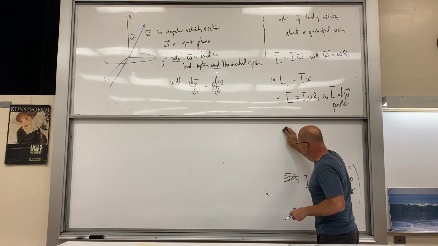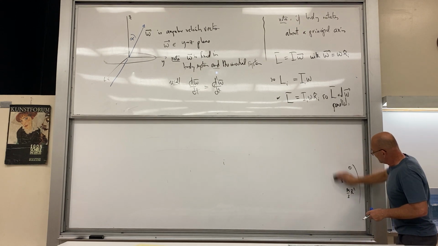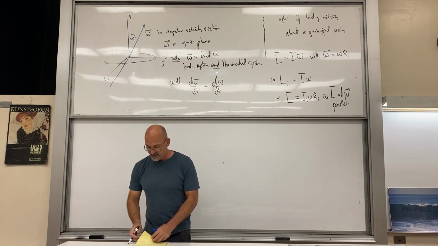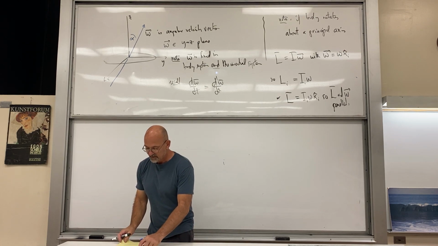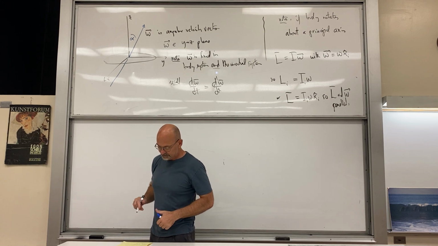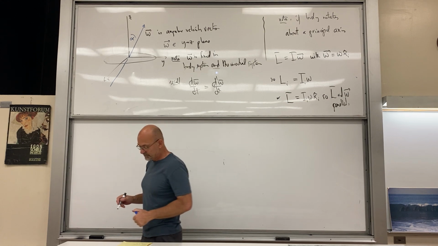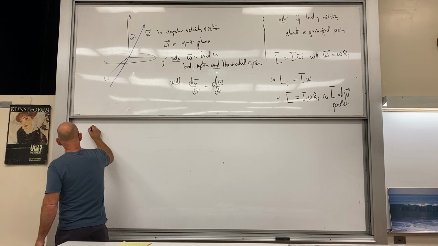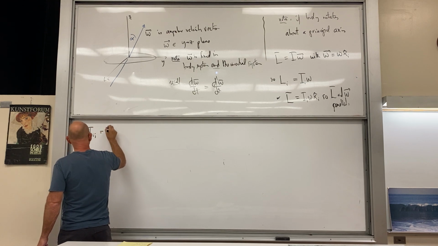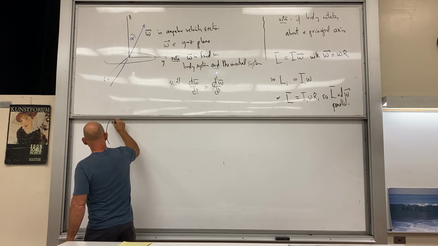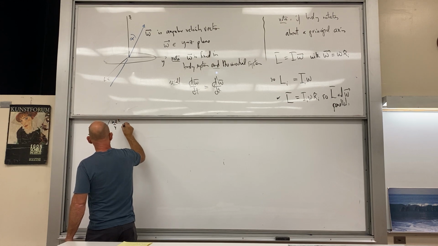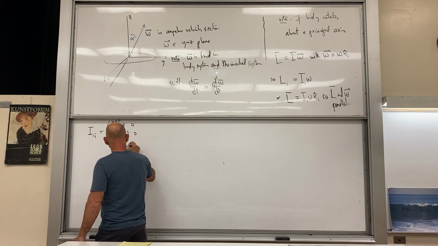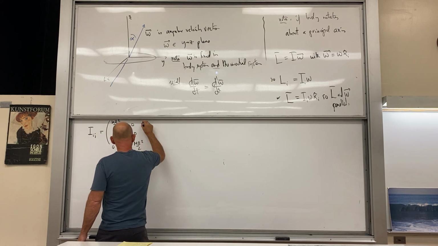So now with those vectors as defined, let's go ahead and do this matrix multiplication. So once again, I sub ij equals mr squared over 4, 0, mr squared over 4, and 0, 0, mr squared over 2.